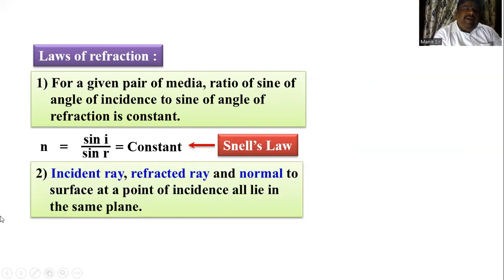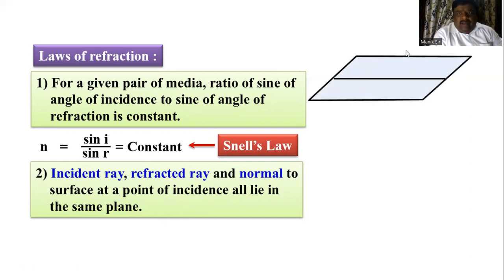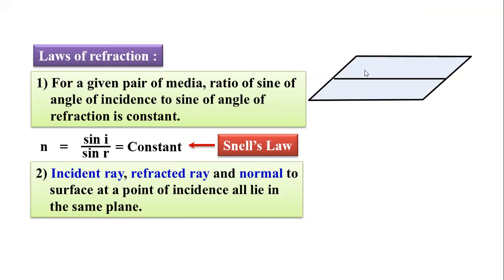Now the second law of refraction: incident ray, refracted ray, and normal to the surface at the point of incidence all lie in the same plane. Incident ray, refracted ray, and normal हे एकाच plane मध्ये असतात. Now see this figure. This plane is separating the rarer medium from the denser medium, and here this is the normal.